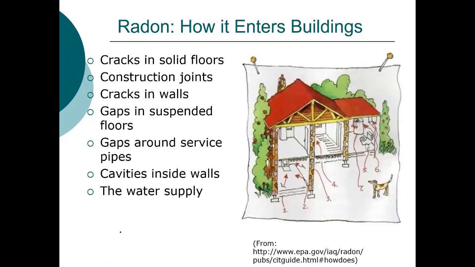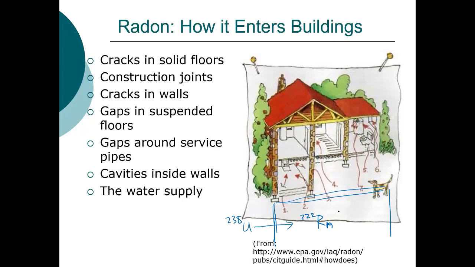How does radon get into the home? Okay, so if we have a basement or even a slab, and we have uranium-238, even in small quantities, in that geological material, that uranium decays to form radon.